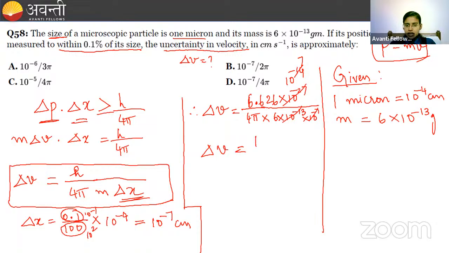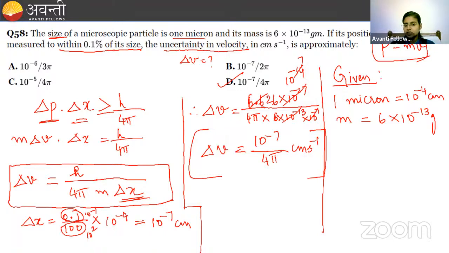So we will get 10 to the power minus 7 divided by 4 pi centimeter second inverse. Delta V is equal to 10 to the power minus 7 by 4 pi centimeter per second. So option D is coming out to be the nearest value, the correct answer for this question in terms of centimeter per second.